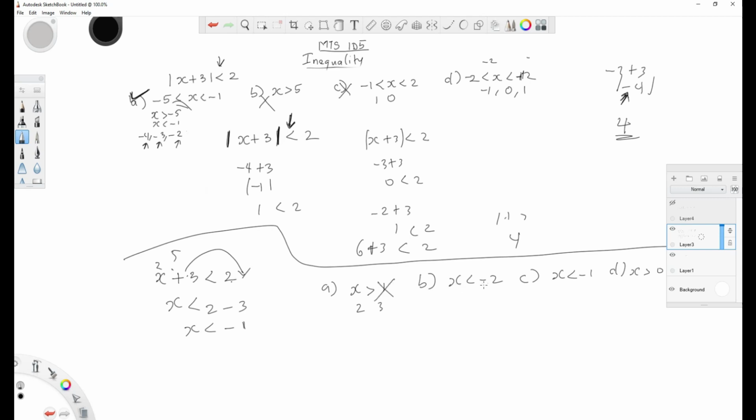x is less than minus 2. So you can pick minus 4, minus 5. Since it's less than minus 2, you can pick them. So putting minus 4 here, minus 4 plus 3 is minus 1, and minus 1 is definitely less than 2, but we cannot be so sure.